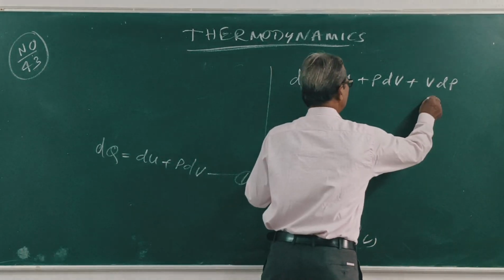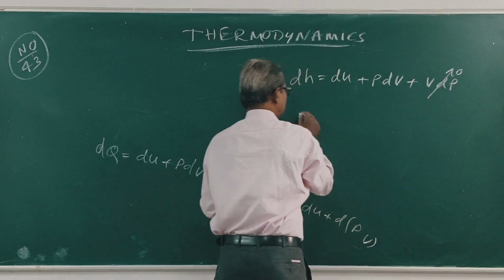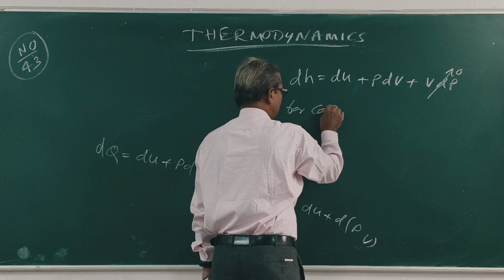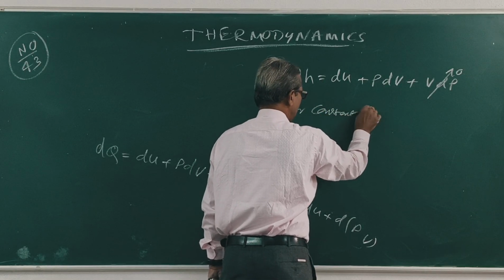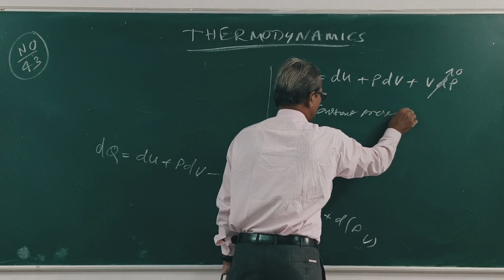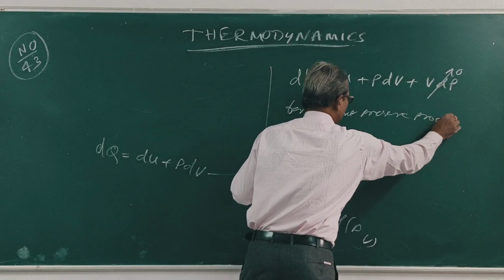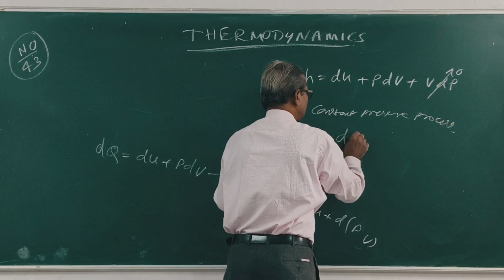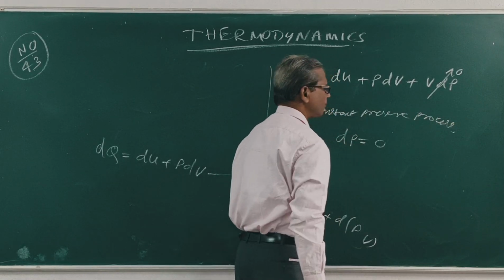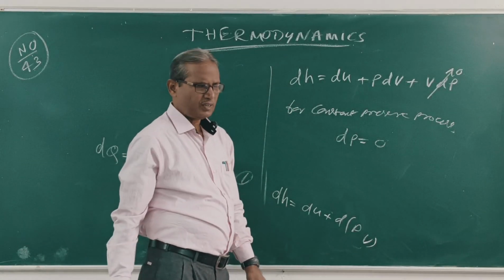This VdP is 0 because for a constant pressure process, the change of pressure is 0, right?